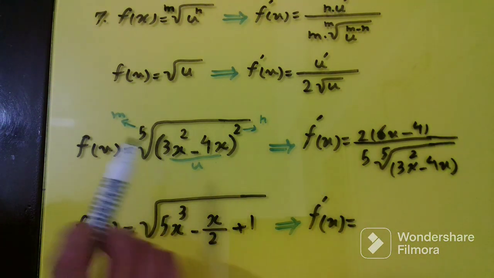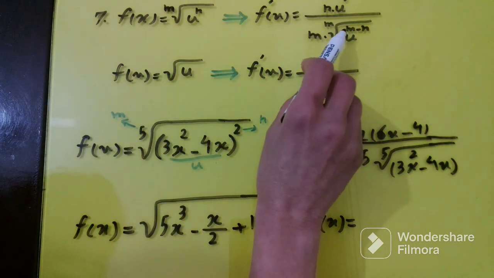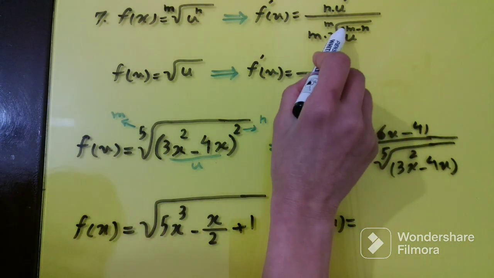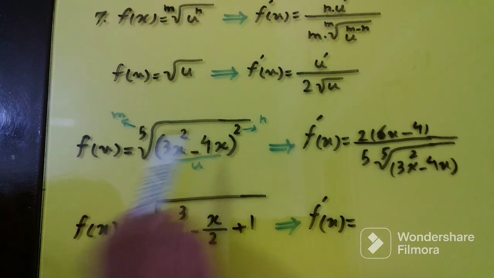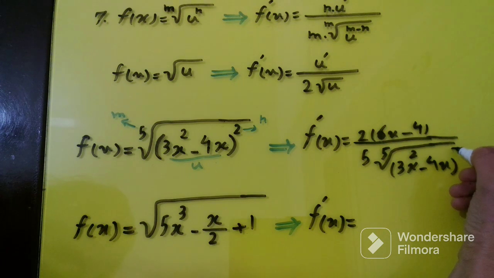And for the power, you should put m minus n. 5 minus 2 is 3.